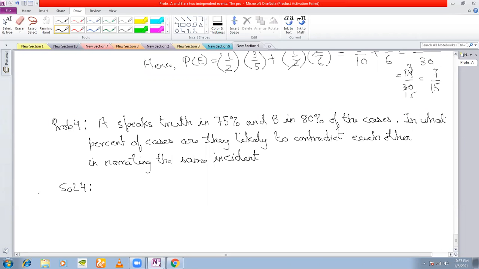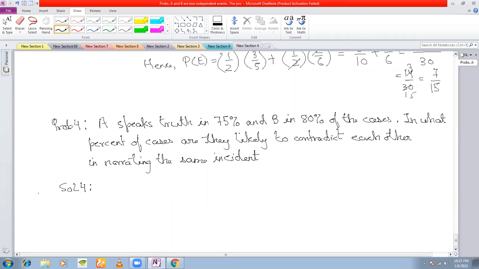Amir speaks the truth in 75% of the cases. Govinda speaks the truth in 80% of the cases, right? When will they contradict each other? When Amir speaks the truth and Govinda speaks lies, right? If Amir speaks the truth and Govinda lies, then they will contradict each other.